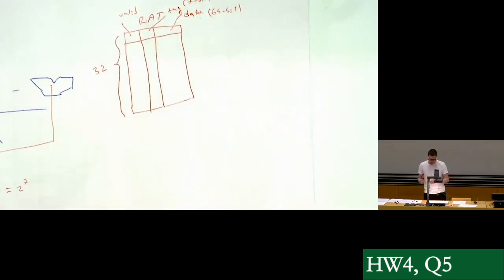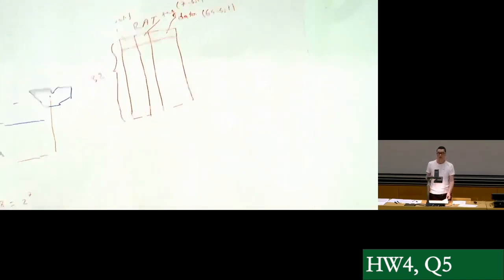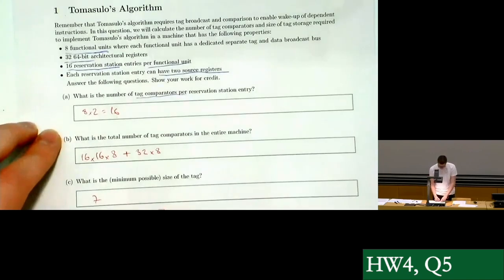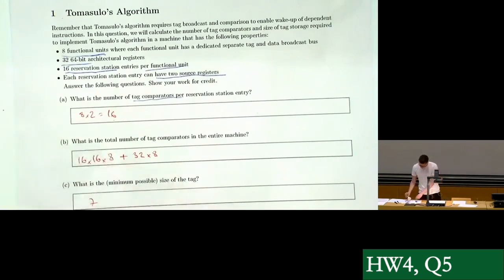So for a single entry, we will have 72 bits. And we have 32 entries in total. So it will be 72 multiplied by 32. Let me check if I'm missing anything. Yeah, that's it. So this is the total storage needed for the register alias table.